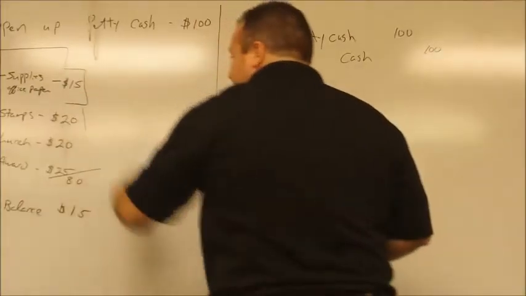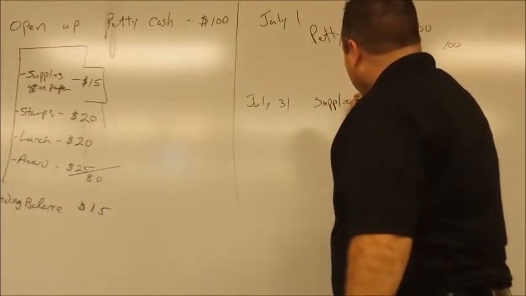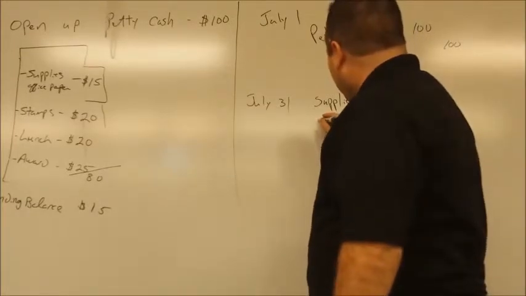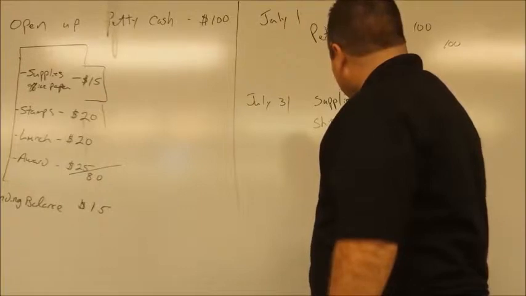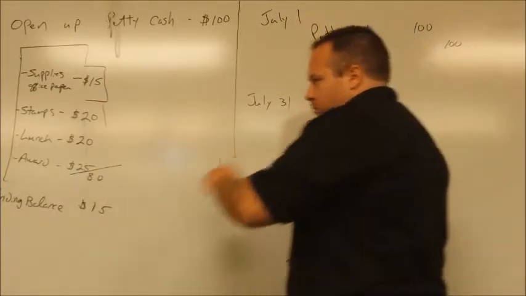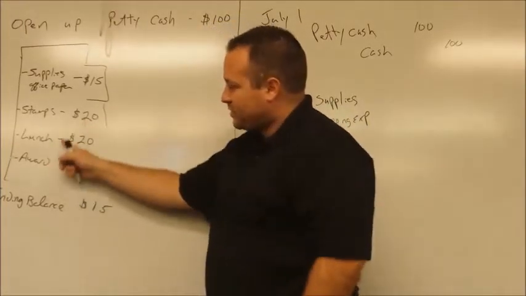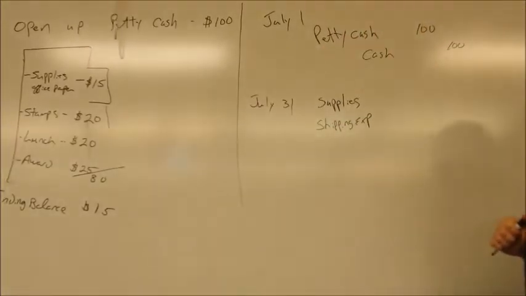July 31. Well, I bought some supplies, so I'm going to debit my supply account. I bought some postage, so we'll call that shipping expense. And if we had a whole bunch of these type of situations, we would have a separate expense for each of them.